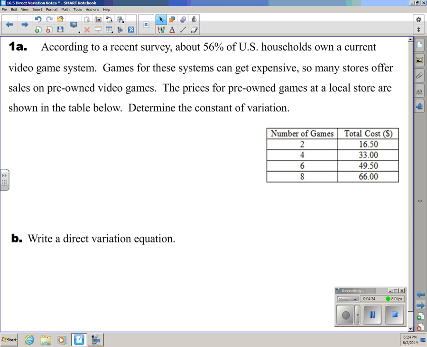So if you notice any constant rate of change, money would go in the numerator and games would go in the denominator. So if you want to compute the increase down, it looks like it goes up $16.50 each time.